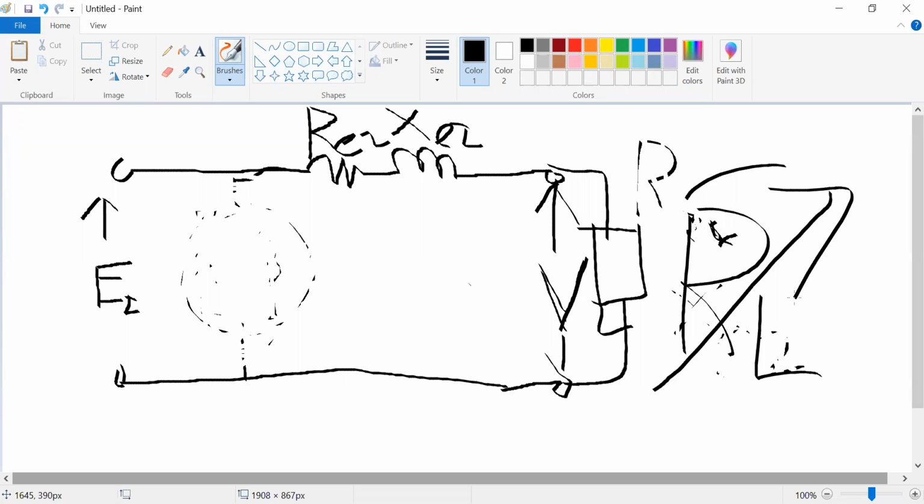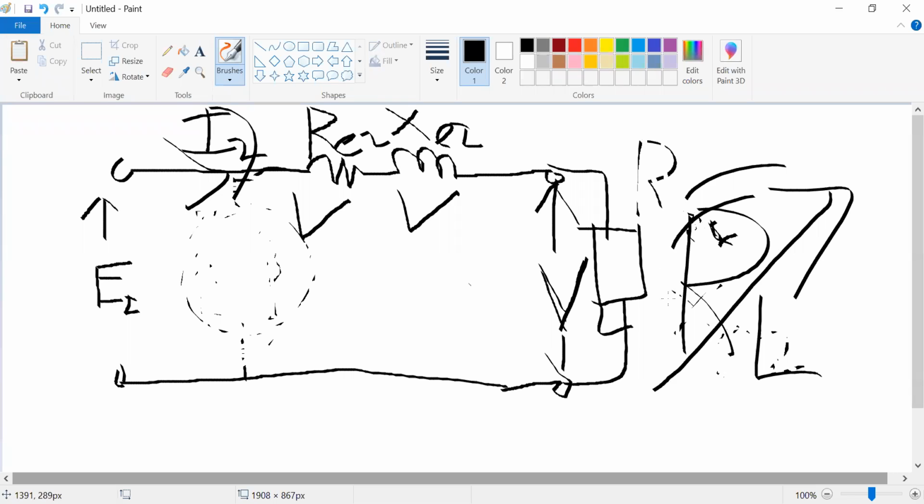When we vary the load, the current of the circuit changes. The secondary current of the transformer, I2, changes. This I2 value depends upon the RL value, the load resistance value. When load resistance varies, the I2 value varies. So the voltage regulation of the transformer depends on the equivalent resistance of the transformer, the equivalent reactance of the transformer, and the load current.